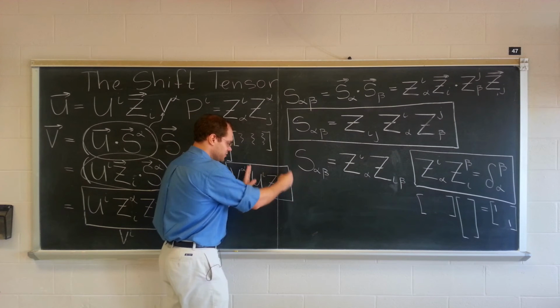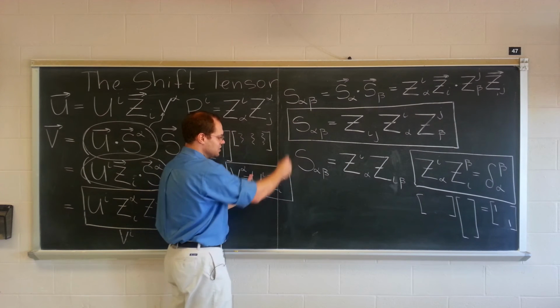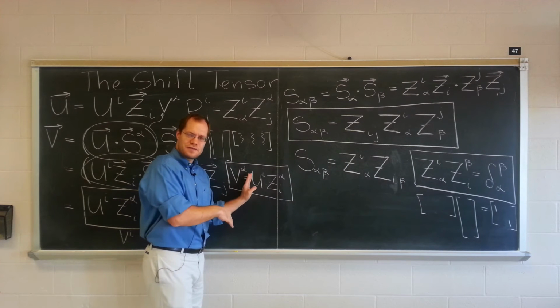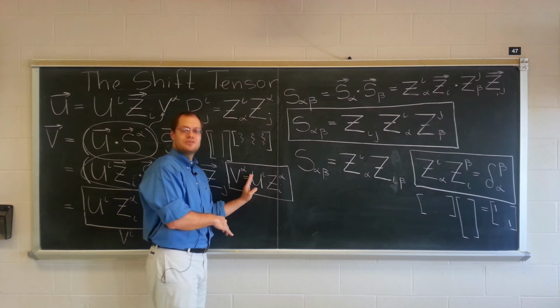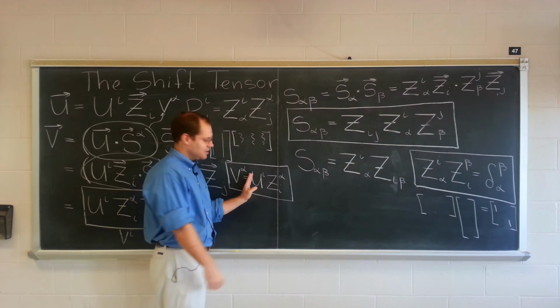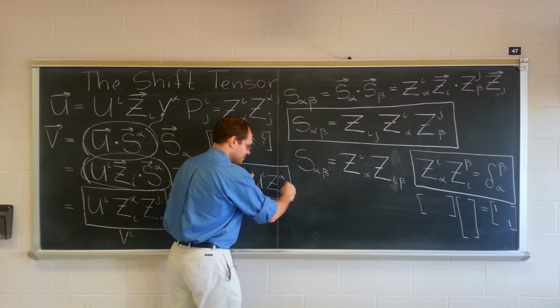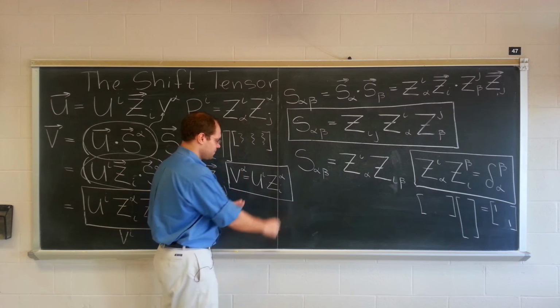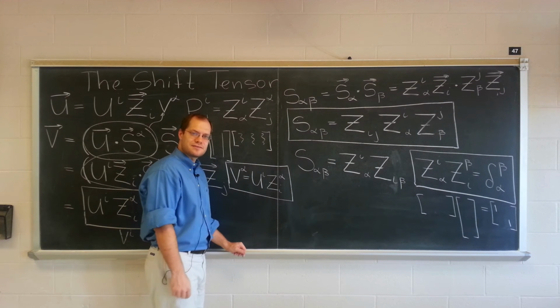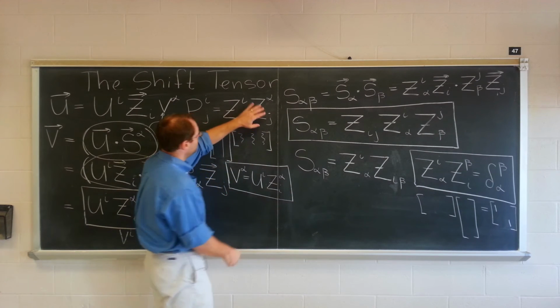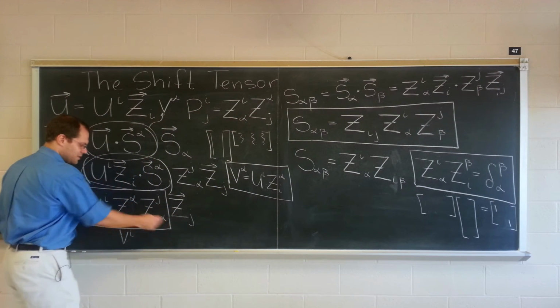And if you want the answer in the same form as the question, then you have to take its answer in terms of surface components and do what we did before, which is go from surface components of a surface object to the ambient components of that surface object. And that's done by contracting, once again, with the shift tensor on the free Latin index. All right, and that's how you'll end up with this expression.